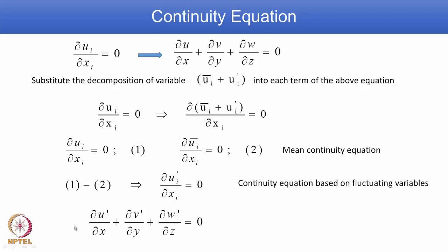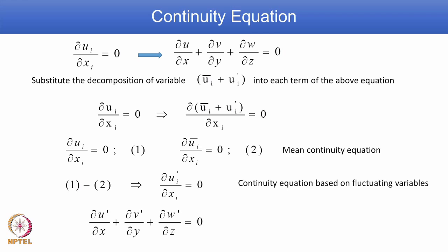Look at the initially written continuity equation and the finally written continuity equation. The format looks the same: you have ∂/∂x of u plus ∂/∂y of v plus ∂/∂z of w. We use one instantaneous, one mean, and one fluctuating quantity.